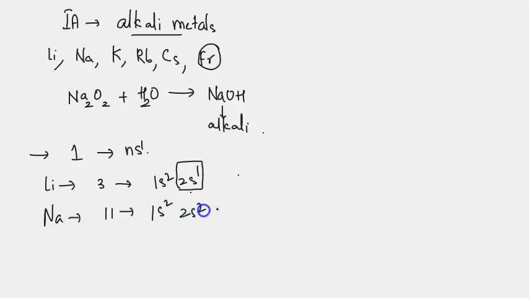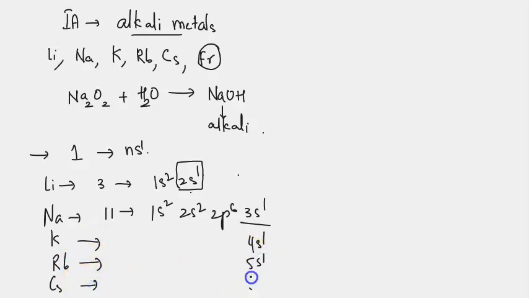1s2, 2s2, 2p6, 3s1. So like this, for every element of 1A group, the outermost electron enters into s orbital of next shell. For potassium it is 4s1, for rubidium it is 5s1, for cesium it is 6s1.